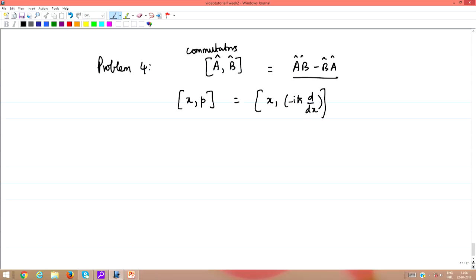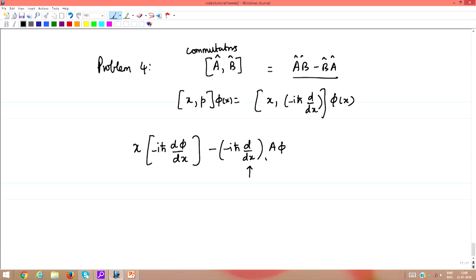To evaluate this, it is easier for us to calculate this for an arbitrary function phi of x, and then see that the results are the same independent of what phi of x is. So, let us do that. Therefore, it is x into minus i h bar d phi by dx, that is AB, and then minus BA, which is minus i h bar d by dx on x phi. Now, the operator d by dx acts on both x and phi, and x is also a function of x.